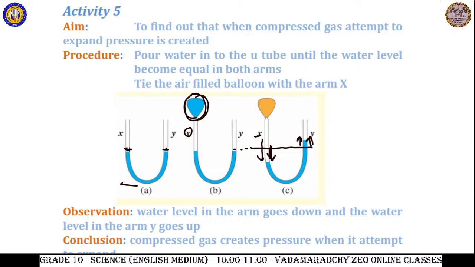The water level goes down at arm X, where the balloon was tied, but in the other arm the water level goes up.